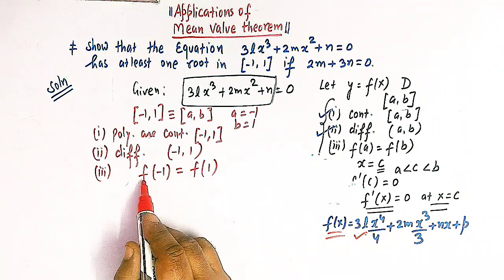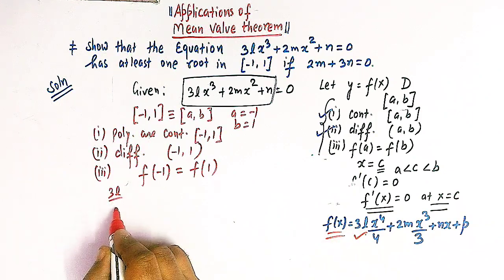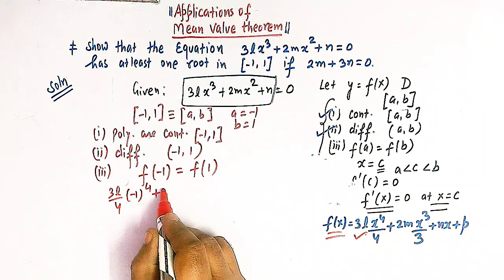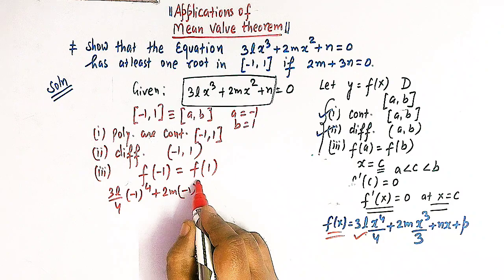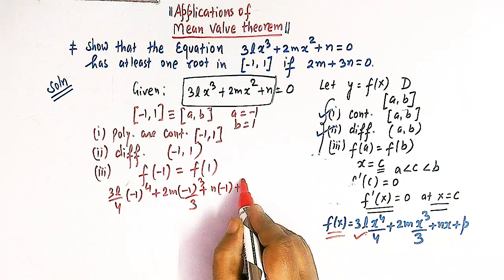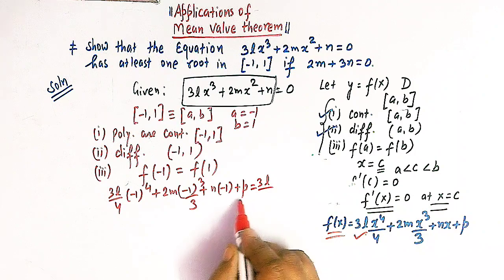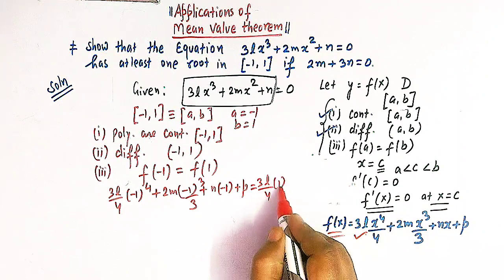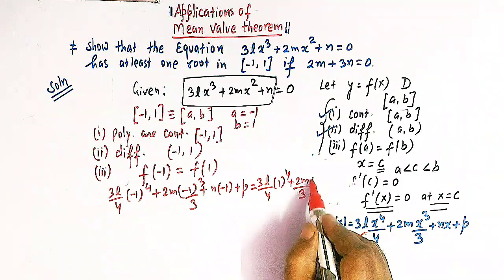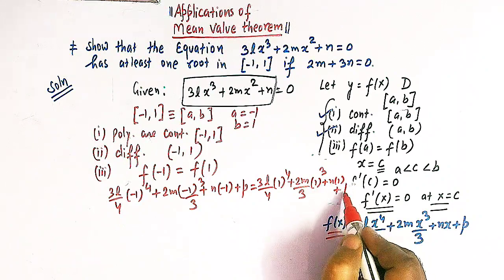So let us find out the value of f of minus 1. So we have 3l over 4 times minus 1 raised to 4, and then we have 2m over 3 times minus 1 raised to 3, then we have n times minus 1 plus p, and f of 1 is 3l over 4 times 1 raised to 4, and then we have 2m over 3 times 1 cube, then we have n times 1 plus p, right?